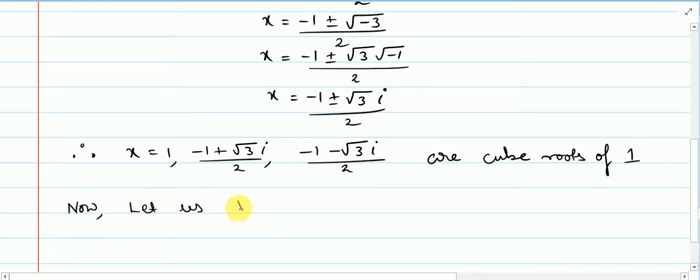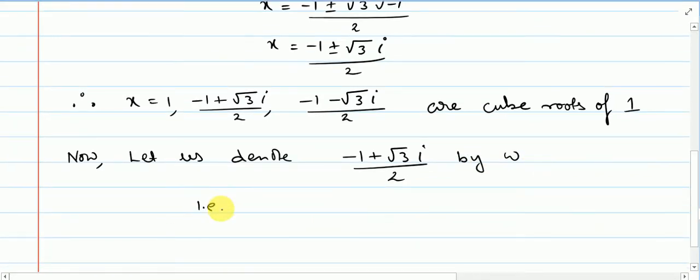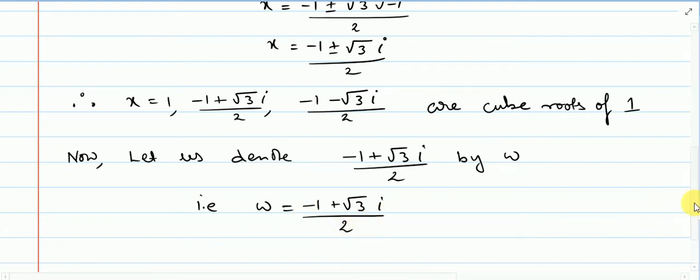Now let us denote minus 1 plus root 3i by 2 by omega, that is omega is equal to minus 1 plus root 3i by 2.